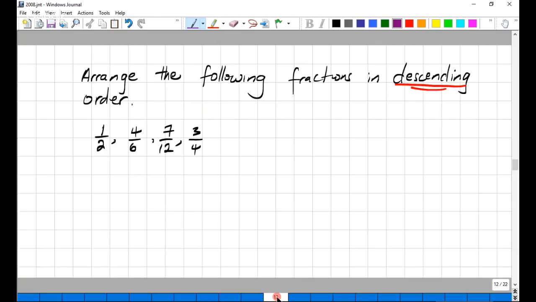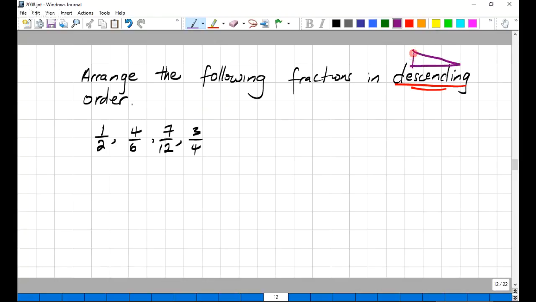All right, so we go back now to Shade. It says arrange the following fractions in descending order. What does descending mean? Going down, sir. Going down from where to where? From highest to lowest. Okay, so descending would be looking like this.